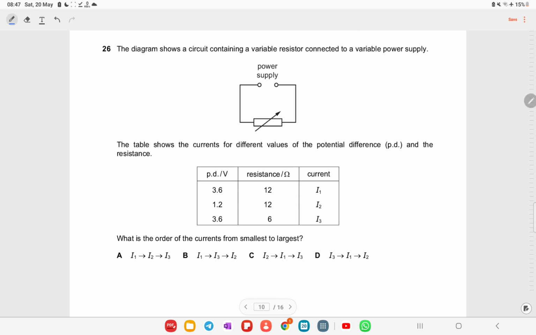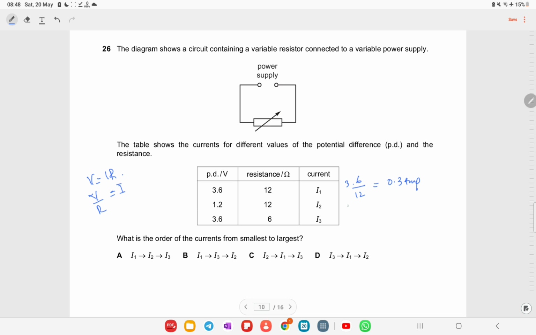The diagram shows a circuit containing a variable resistor connected to a variable power supply. The table shows the current for different values of the potential difference and the resistance. What is the order of current from smallest to largest? We know that V equals IR, so to find I, it's V over R equals I. 3.6 divided by 12 is 0.3 amps.